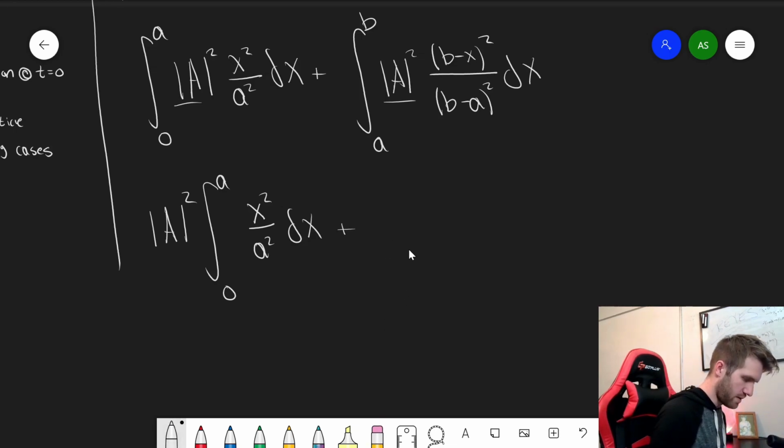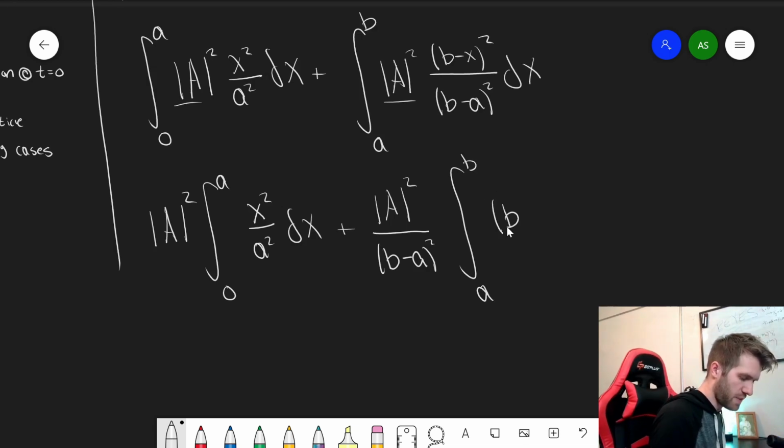Try that again. We're going to have a squared over b minus a squared with our integral from a to b, where we have b minus x squared dx.